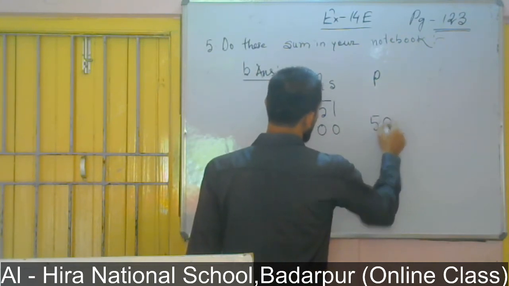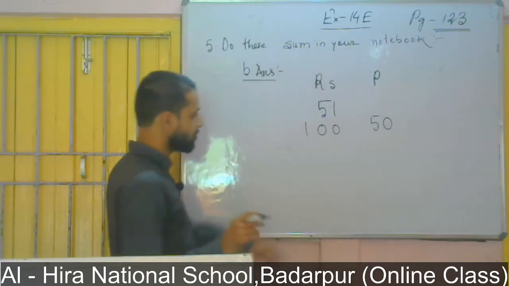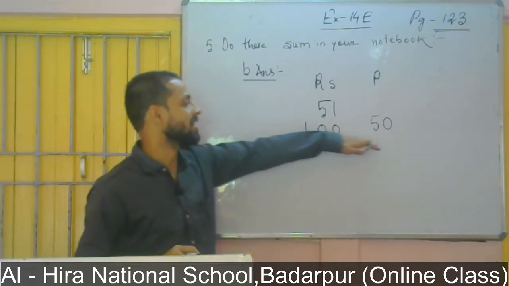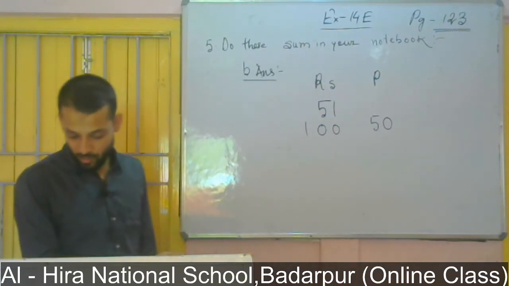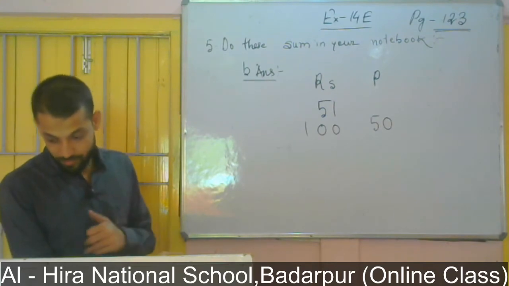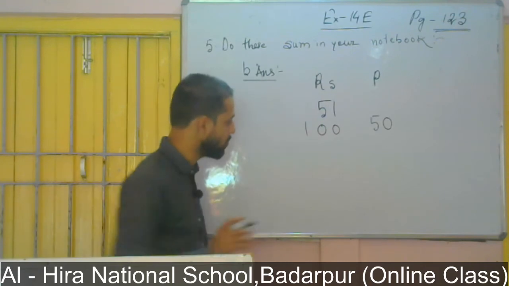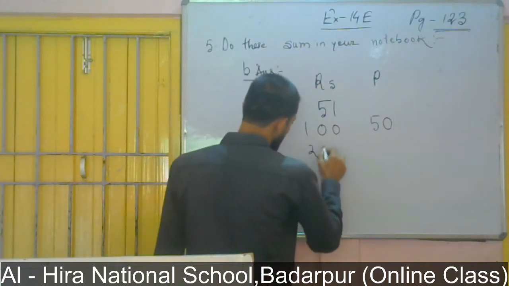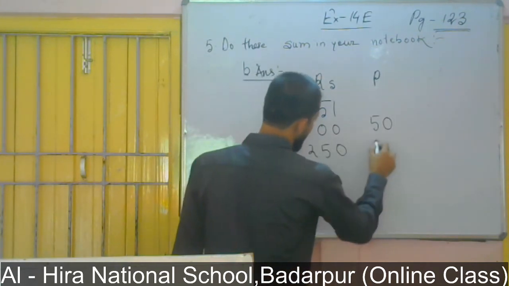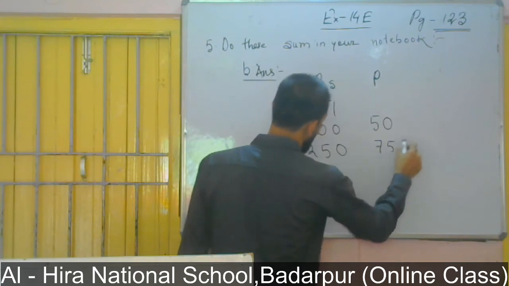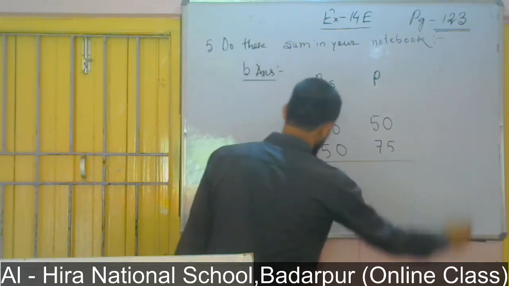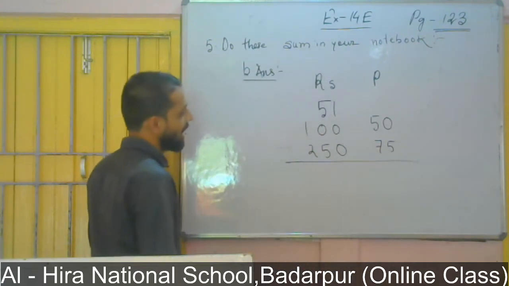We are not going to put the decimal point here because we have divided it into rupees and paise. The next one is 250 and 75, from her cousin. So we have to get the total amount of money she had collected.